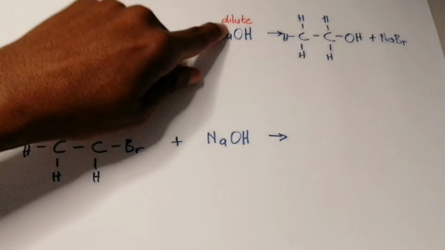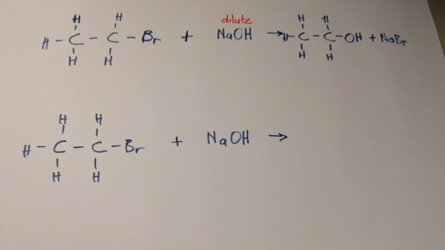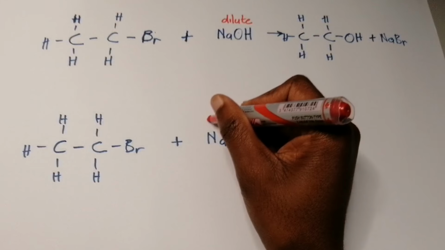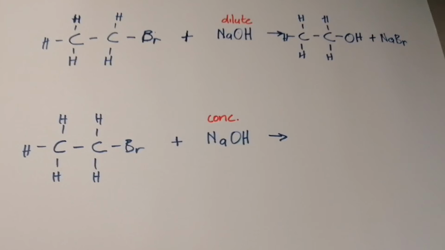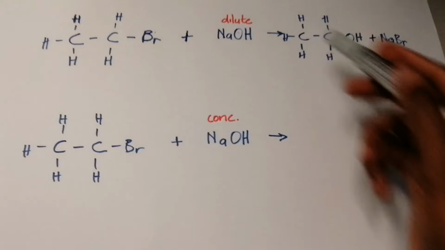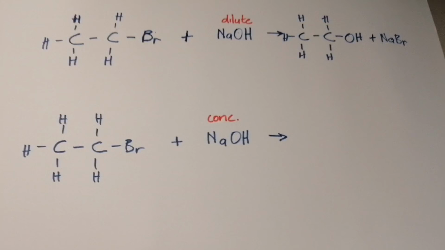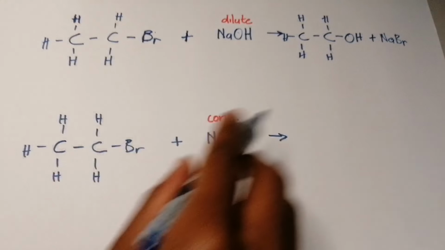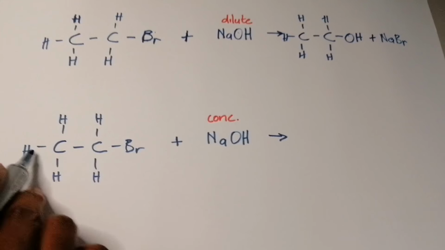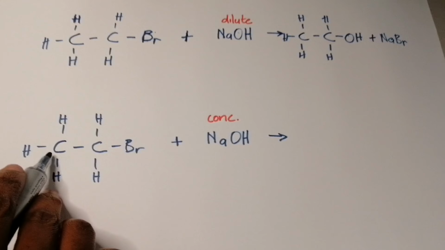Now please note the condition there is that our sodium hydroxide is dilute, right? But what if I use concentrated sodium hydroxide? And by the way, they normally say at a higher temperature, right? So concentrated sodium hydroxide at high temperature, or in this one they would say it in mild heat, right? So now what happens? Instead of an alcohol forming, now I would have an elimination reaction, right?